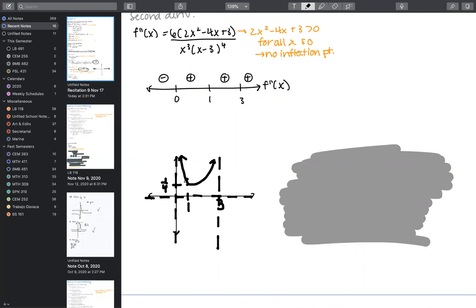F of 1 is your minimum if you're not sure. When I show the other graph, I'll show you the difference between what the graph is supposed to look like and how I drew it for this graph. I'll come back to that in a second, but you're not going to get penalized for not being a good artist if you correctly represent all of the calculus by labeling it. We're not going to be upset with you if your curve doesn't look the right way.